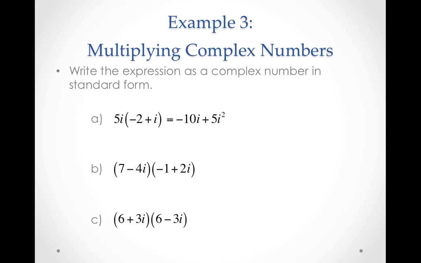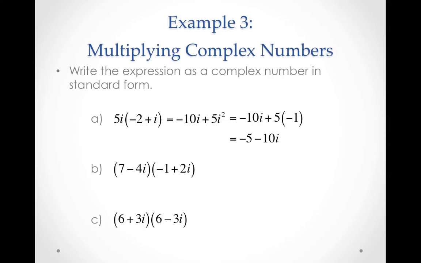So this is where our little trick from a couple of slides ago comes in. We identified that i squared was equal to -1. So we're going to replace i squared with -1 and then simplify.